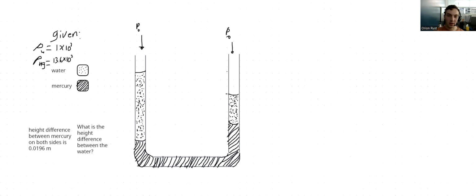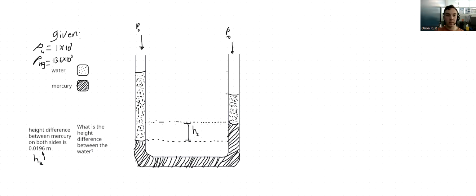So the first thing to do, because we're dealing with a lot of different heights, we're given that the height between the mercury on both sides is about 0.0196 meters. So we can draw dotted lines between both sides and label this as H2. We're given H2, and we'll write this as our variable, so we can add that to our givens.